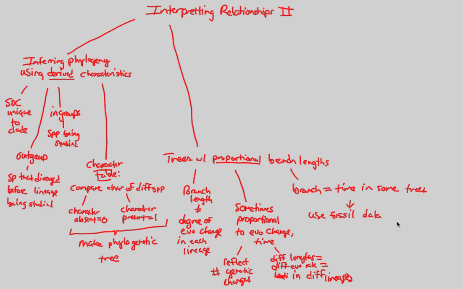Use fossil data for branch points. For those nodes are not going to be based off of divergence of organisms, but those nodes, because branches are equal to time, are going to be based off of points at which we have different time scales, different time events. Use fossil data for branch points, and we know that those branch points, since we've built a tree before, are the nodes, in other words.